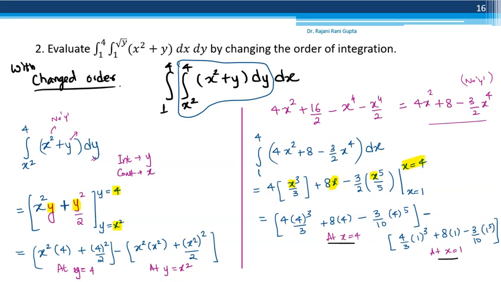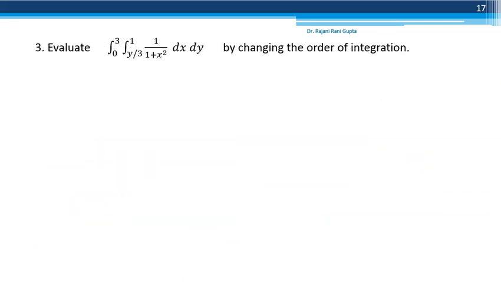Okay, let's take one more example and I feel that after that it will be clear for you. Now, you have from 0 to 3, y by 3 to 1, 1 over 1 plus x squared dx dy. So here your order of integration is dx dy. The limits for x is this and for y this.